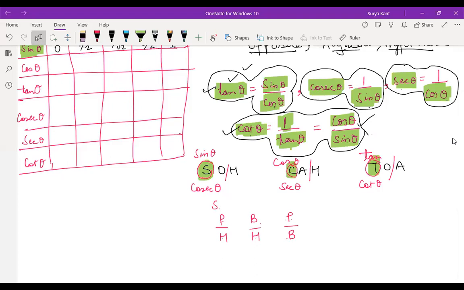If you are learning in PBH form, P by H is sine, B by H is cos, P by B is tan. So Pandit Badri Prasad, Har Har Bhole.